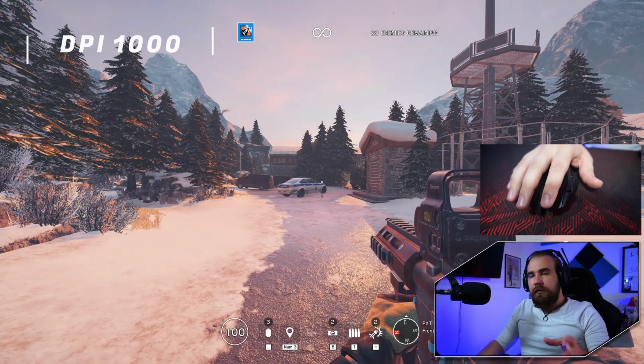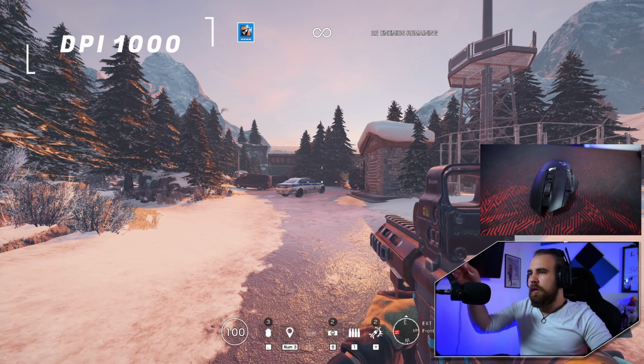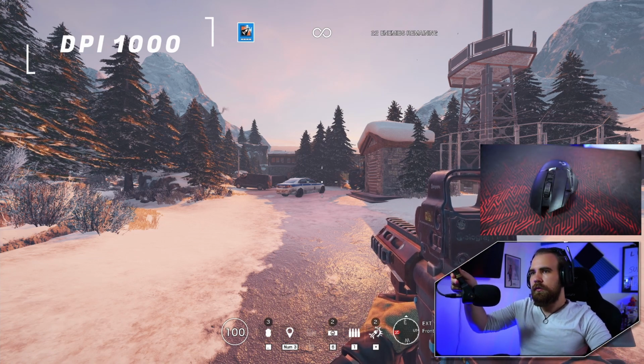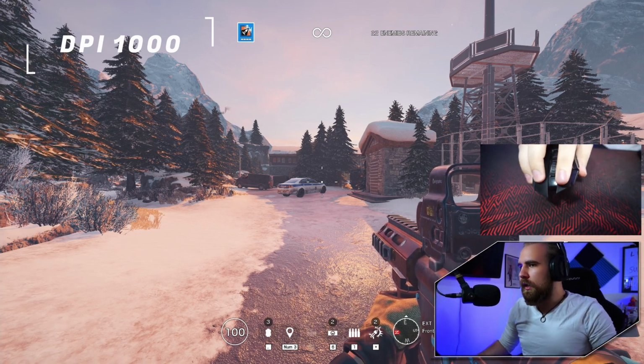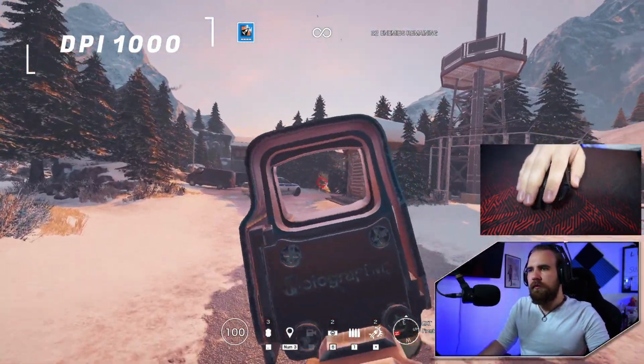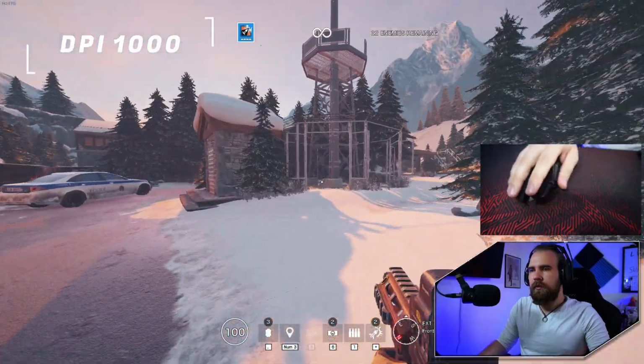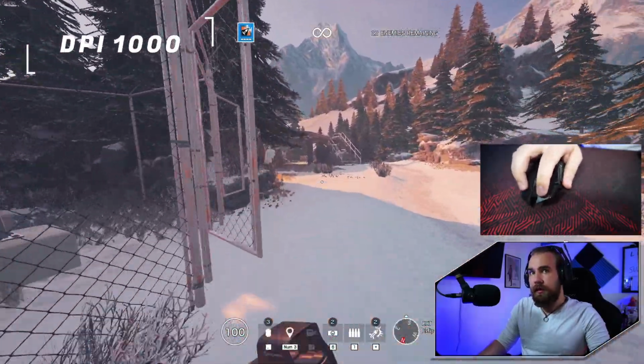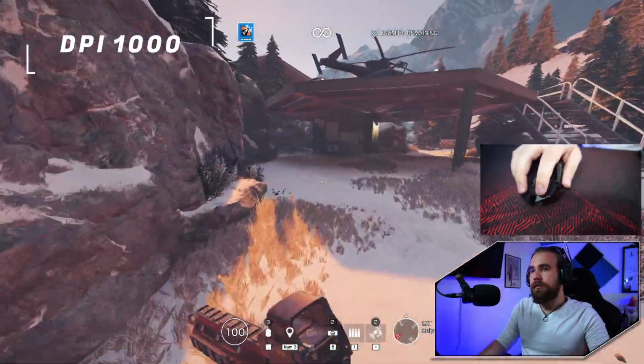So here we are in Rainbow Six Siege, which is the game I chose to show this DPI difference in. This is my normal sensitivity of 6 with the DPI 1000.